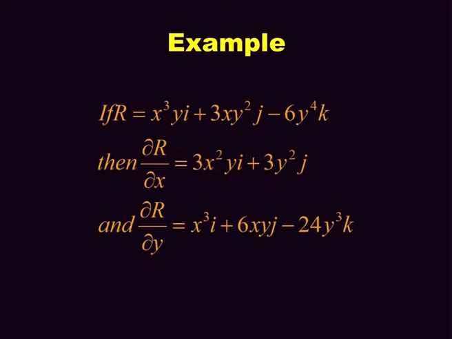Similarly, ∂r/∂y = x³ i + 6xy j − 24y³ k. Here we keep y as the variable and x as constant.